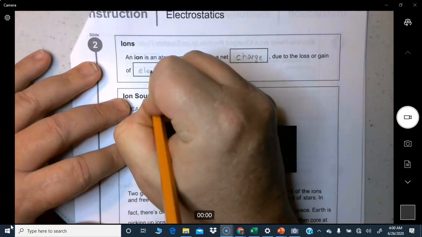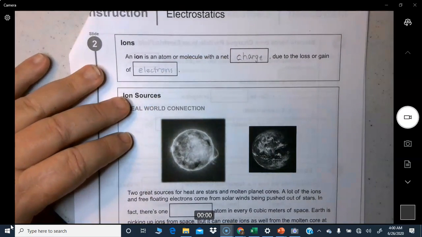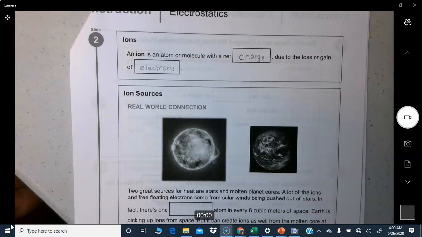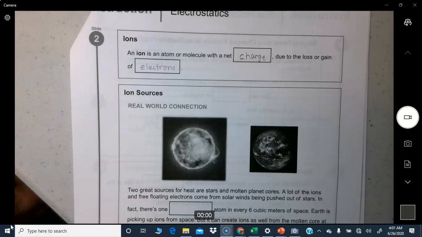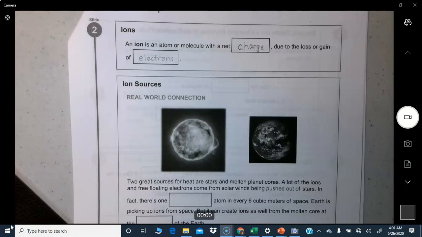Why some atoms gain and why some atoms lose electrons is beyond the scope of this course. It's something that you will deal with in chemistry. Just understand that it does happen and that that flow of electrons, that movement of electrons, is called electricity. What we're dealing with in this unit primarily is non-moving electrons. If an electron is just standing still, what kind of forces does it emanate?